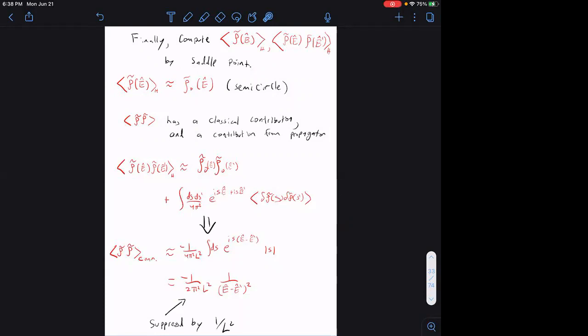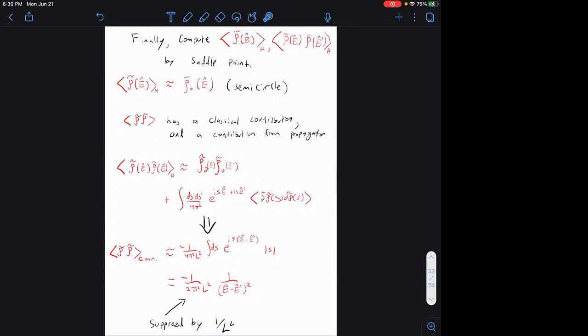So if we try to calculate this thing and do the integral by saddle point, to leading order, we find a contribution where we replace each rho with its saddle point value. But then we also have a contribution from a propagator between the two rhos. And here I've written it in Fourier space with S and S prime.